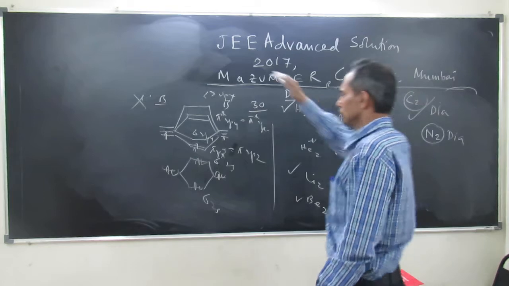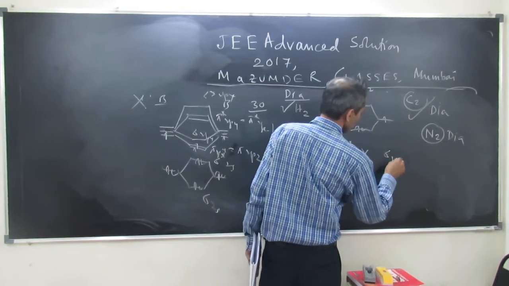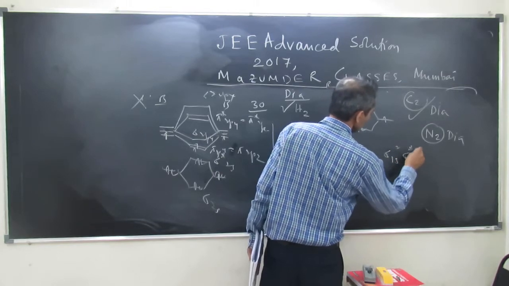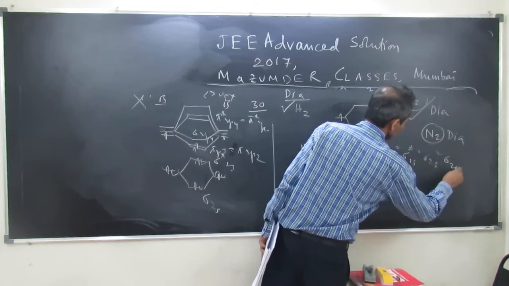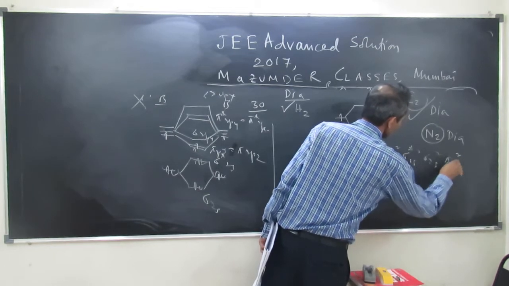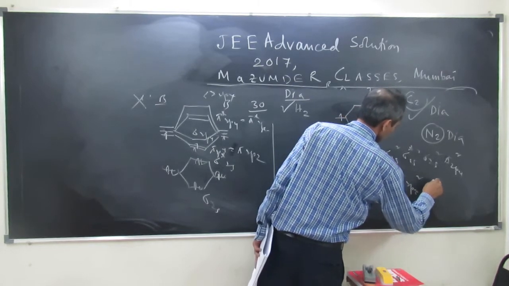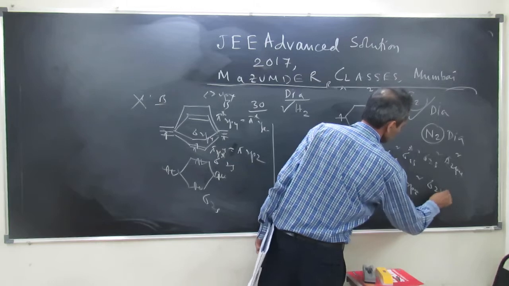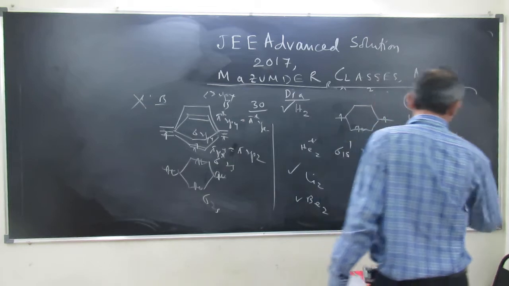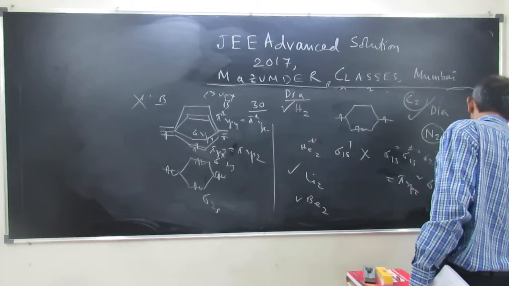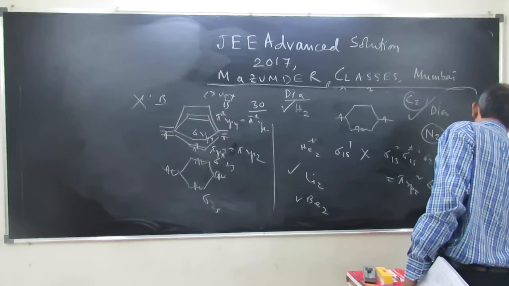You can see I have shown the diagram, and that way also you can show it: sigma 1s2, sigma star 1s2, sigma 2s2, sigma star 2s2, pi 2py2 equal to pi 2pz2, then sigma 2px2, then pi star 2py, pi star 2pz.